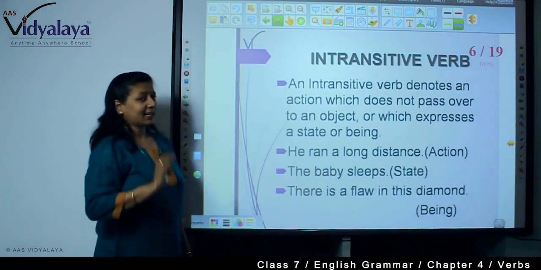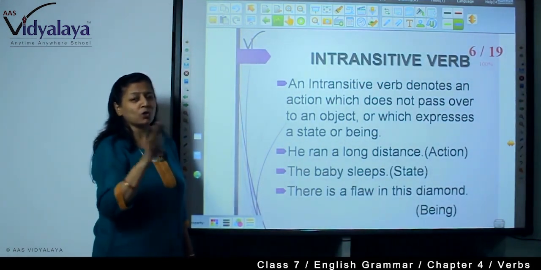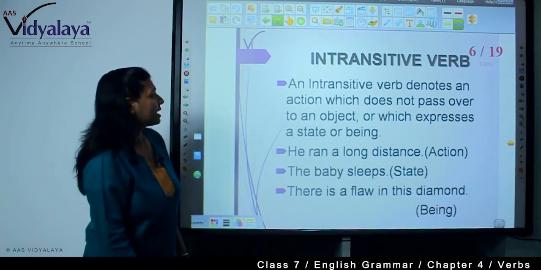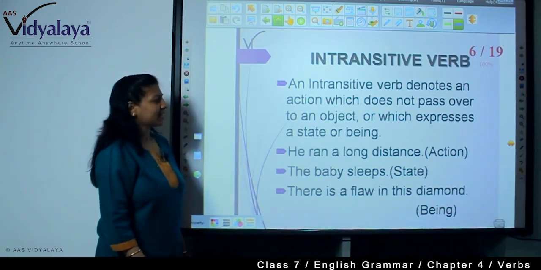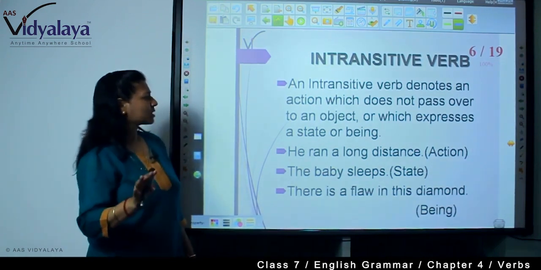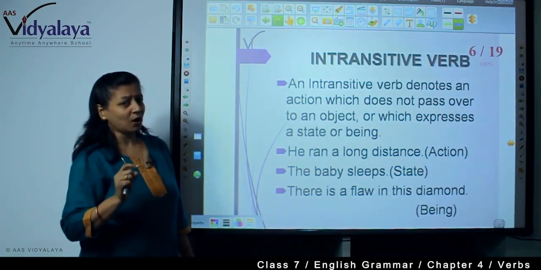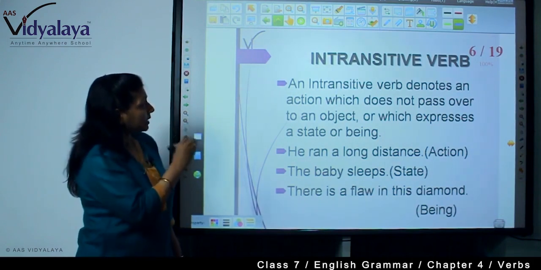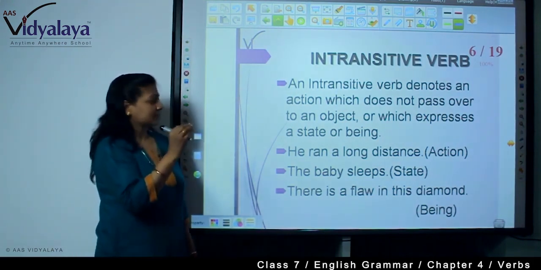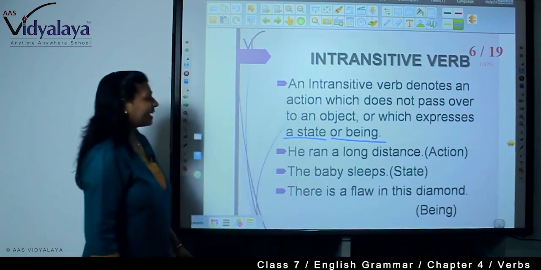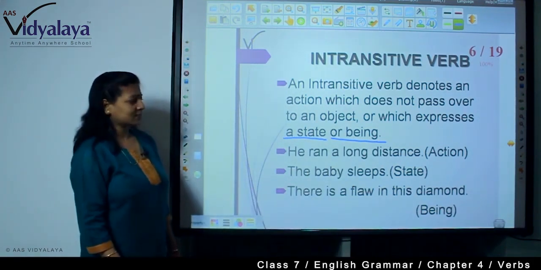Intransitive verb. In the intransitive verb, you don't find the action passing from subject to the object. An intransitive verb denotes an action which does not pass over to an object or which expresses a state of being. He ran a long distance.